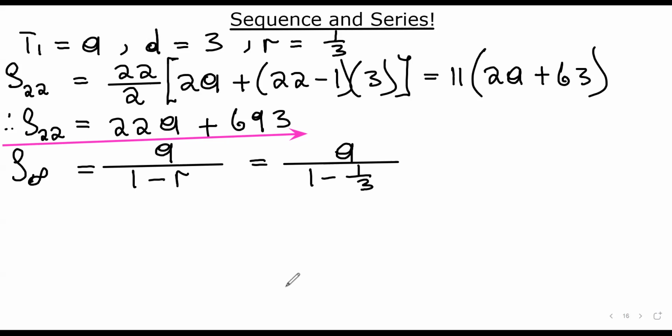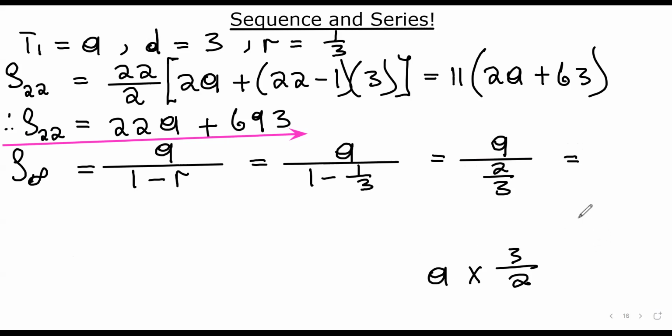So when we say 1 minus 1/3, we actually get 2 over 3. And since we know that division has never divided another division, we just take a and multiply it with the reciprocal of this. So we simply get 3 over 2 a. That is the sum to infinity.